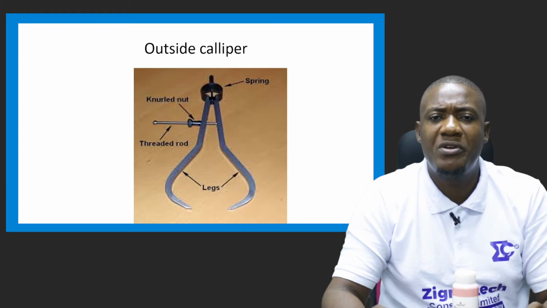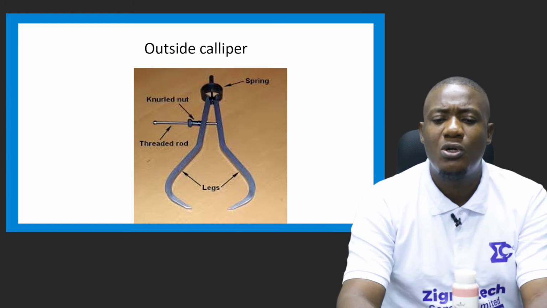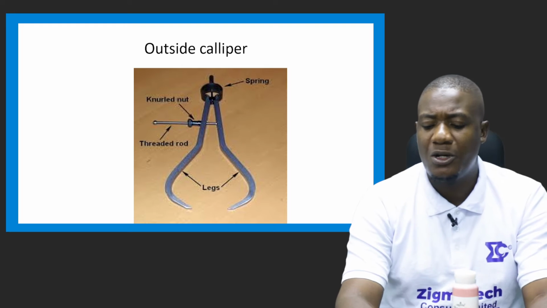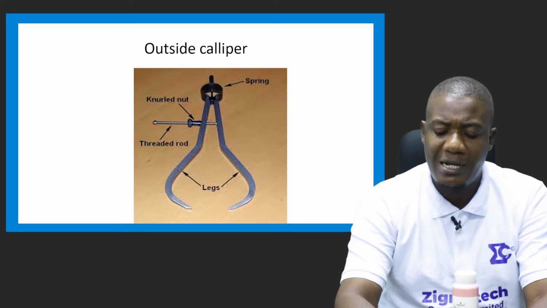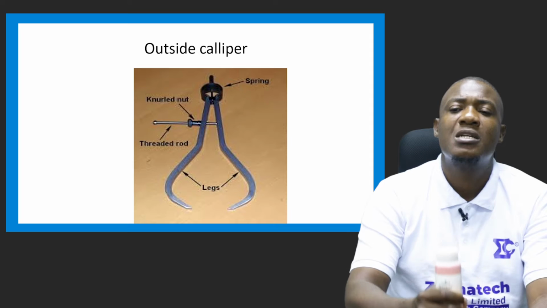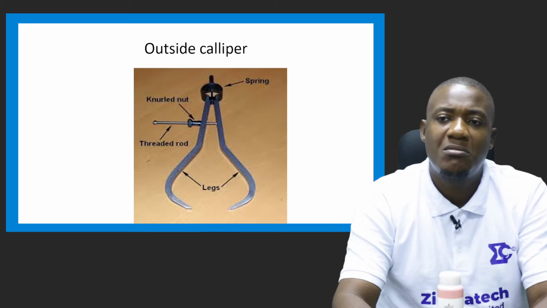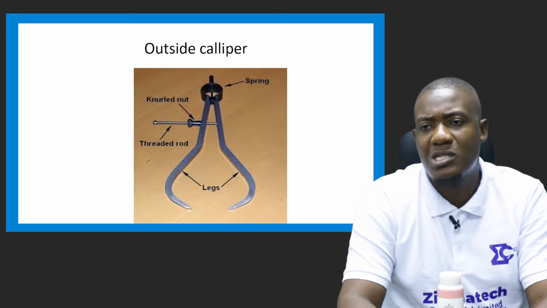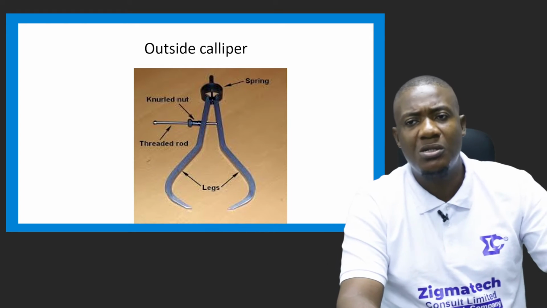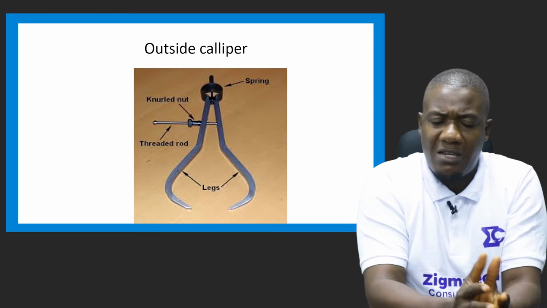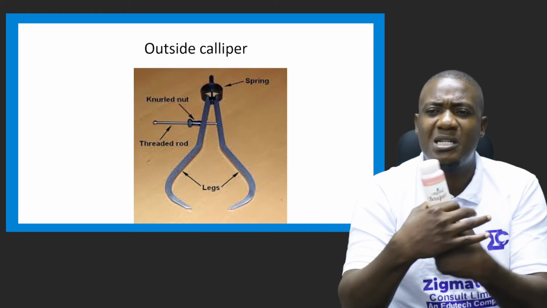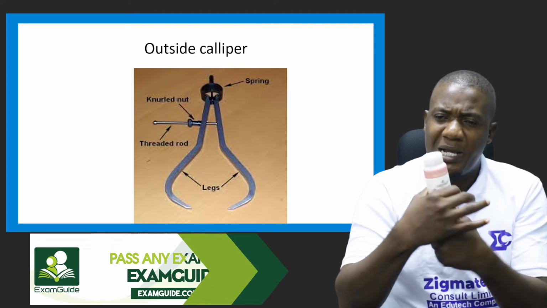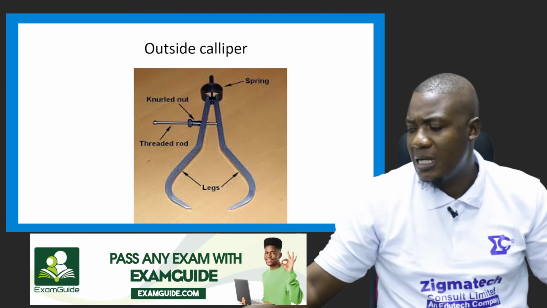Then remove it and put the legs on a measuring rule, could be a meter rule. You can now tell, oh, the diameter of this bucket is, let's say, 30 millimeters. So it has given us the external diameter of this particular shape. Let's say this is a woodwork. We can get the external diameter using that caliper.